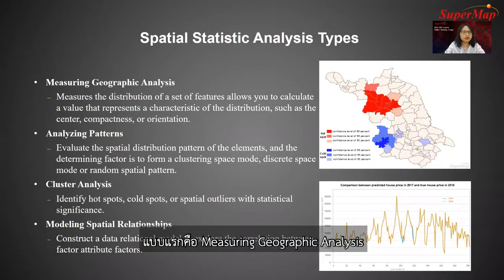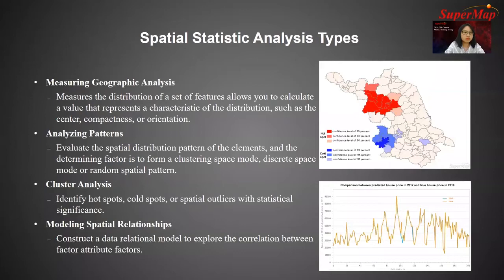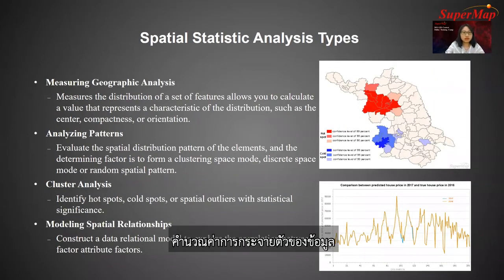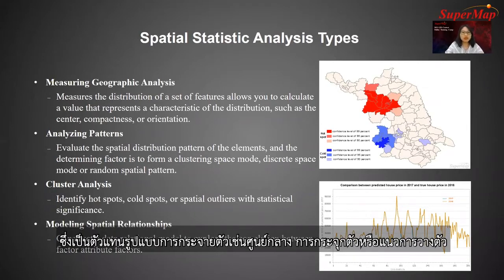The first one is measuring geographic distributions. This one is a set of features that allow you to calculate a value that represents characteristics of the distribution, such as the center, compactness, or orientation.